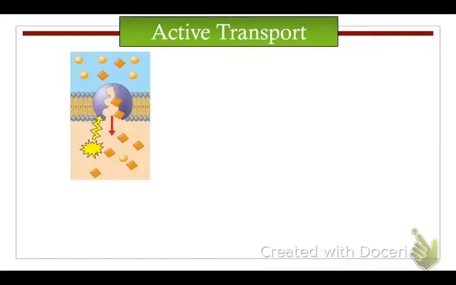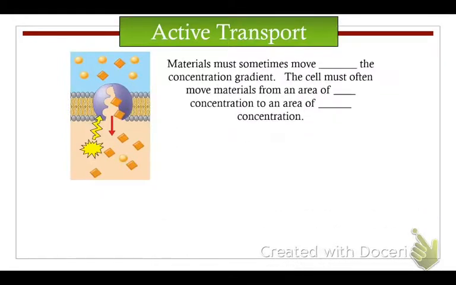Active transport. Does this sound like it needs energy? Yes. Okay. So materials sometimes must move against the concentration gradient. So it's going from low to high. The cell often must move materials from an area of low concentration to an area of high concentration. Is that going with the concentration gradient?